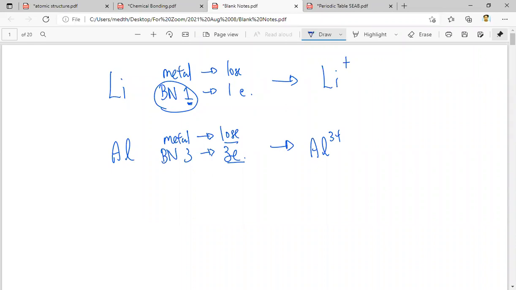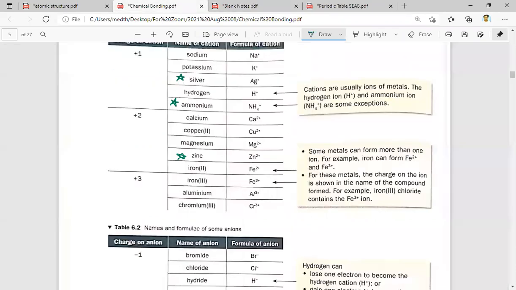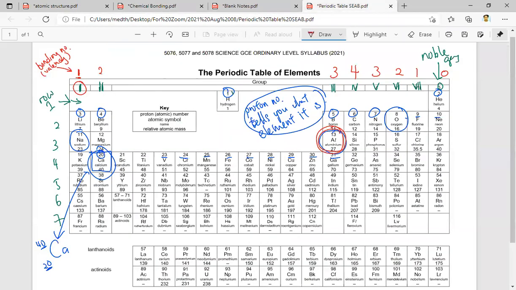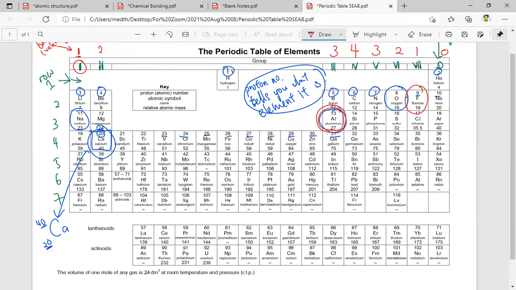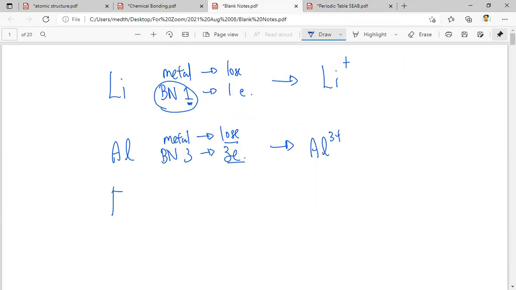Then, of course, next is you say, does this bonding number also help me for my non-metals? Yes, it does. So let's look at, for example, fluorine. Fluorine is bonding number 1. Fluorine is a non-metal. I put Nm for non-metal.